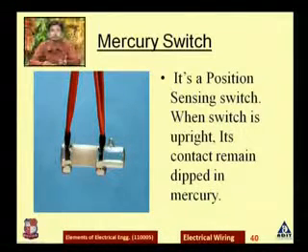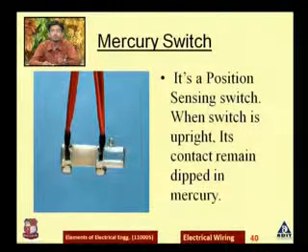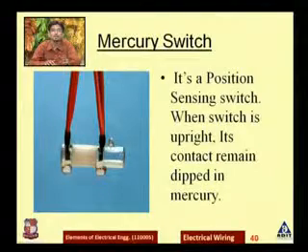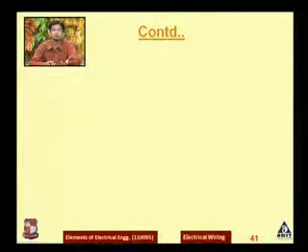A special mercury arc is used in this type of switch. Whenever you want a particular operation, this switch will be used in the upright or downright position, and the contacts will be made by the mercury.